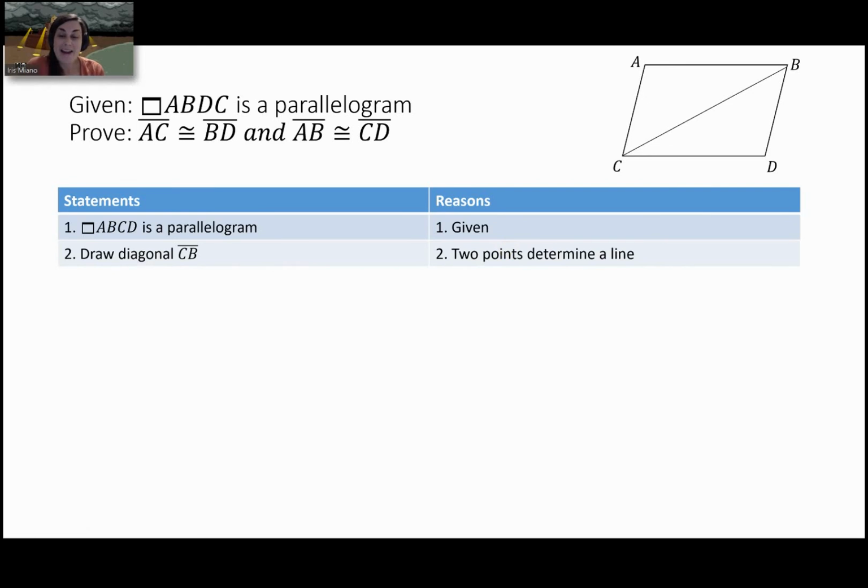Moving on, I go ahead and draw a diagonal, CB. You could draw the diagonal AD if you want to. Drawing this particular diagonal was a stylistic choice. Drawing a diagonal as the first step in this proof is not necessarily intuitive. Did you guys know that you can add lines to your figures as long as there are vertices?